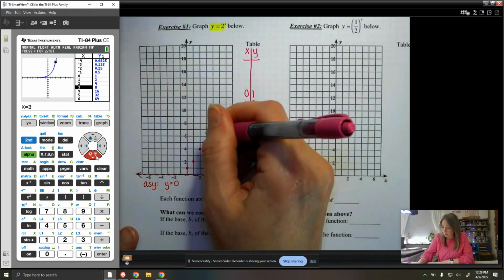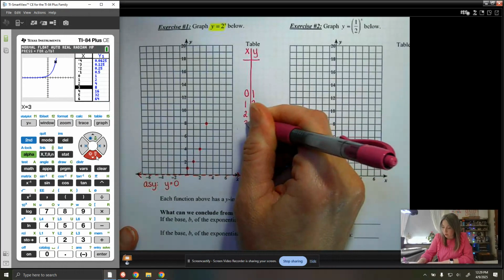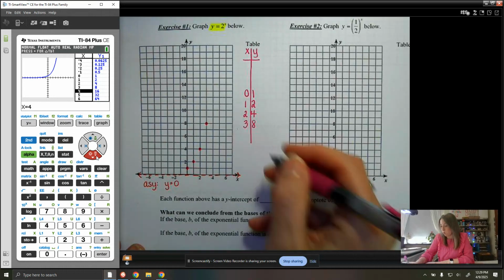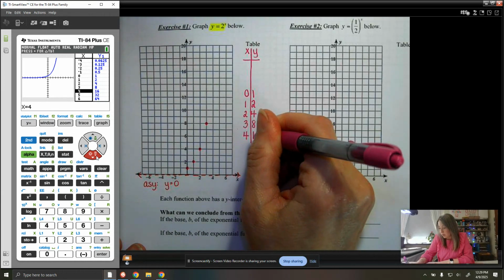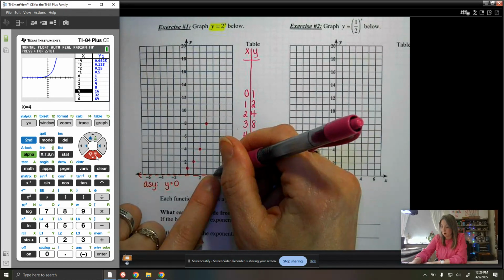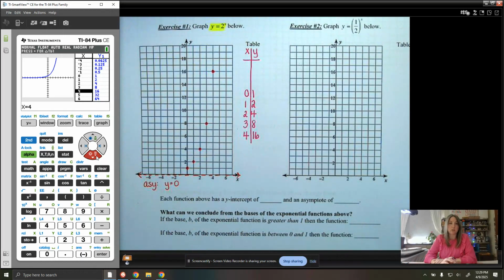Sorry, I didn't write down 2, 4. And here's 3, 8. And this will actually fit on the graph because we go all the way up to 20. 4, 16. Now, it doesn't fit on this 10 by 10 grid on my graphing calculator screen currently, but it is going to fit here because I can go all the way up to 20 on this particular graph, just based on what it looks like.